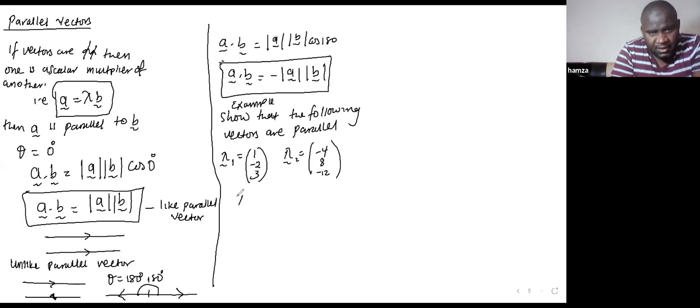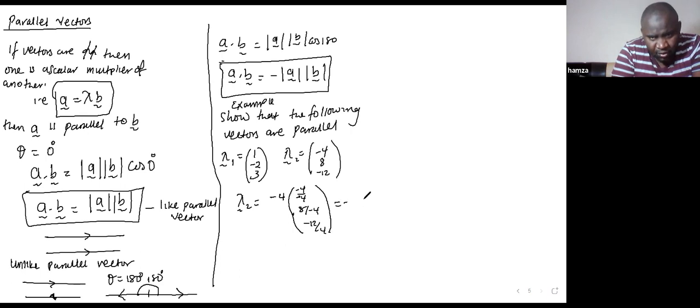So when you look at lambda 2, it's the bigger one, it has bigger terms. When you factorize out negative 4, you will get a negative 4 in two brackets. Negative 4 divided by negative 4 is 1, 8 divided by negative 4 is negative 2, negative 12 divided by negative 4 is 3.